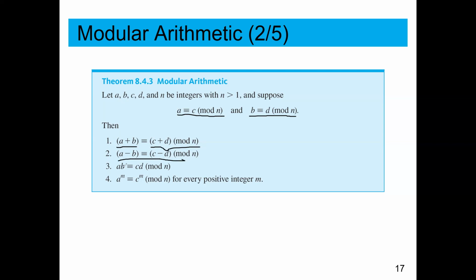Same with subtraction, same with multiplication. And the interesting part is if a is congruent to c mod n, I can raise both of them to the same power. That one is particularly interesting for some really great examples, but let's practice this a little bit.